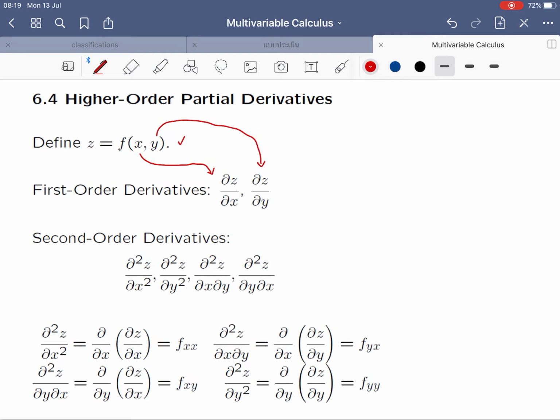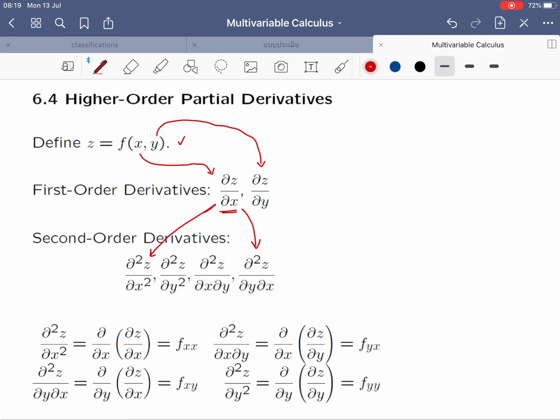How about the second order derivative? As I told you, the first partial derivative is a function of x and y. Of course, you can further continue to find a partial derivative with respect to x, or you can continue to find a partial derivative with respect to y. Can you see where I point down?